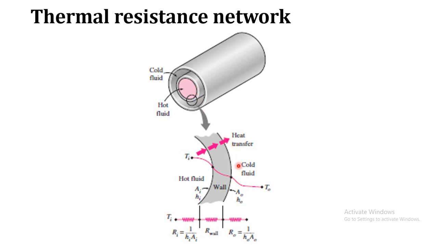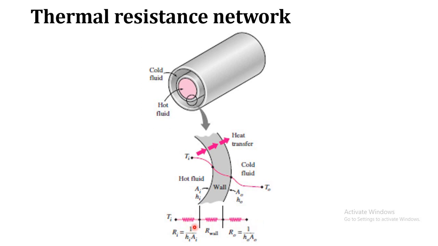So we can say there are three resistances in the heat exchange process. If the temperature of the hot fluid is Ti and the outer cold fluid is To, then this is the thermal resistance network.